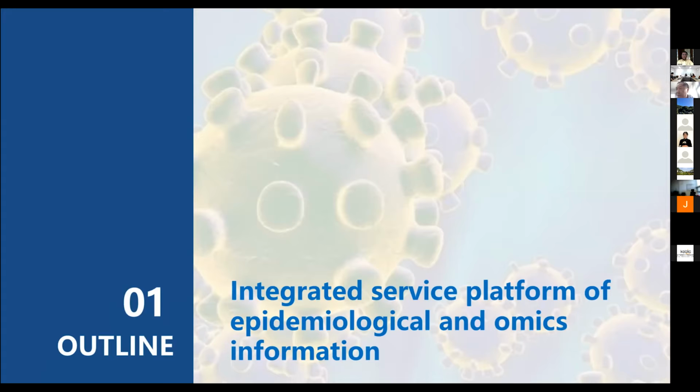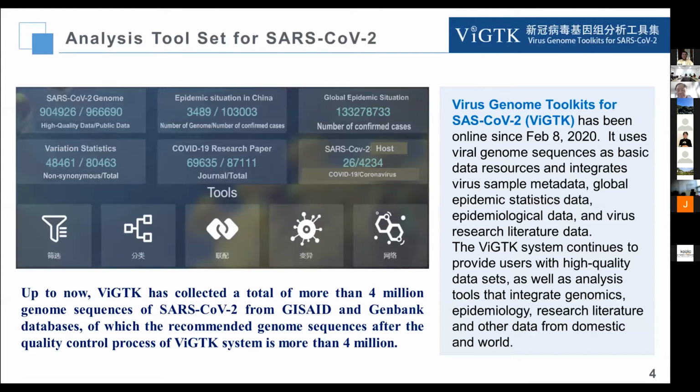the integrated service platform of epidemiological and omics information we developed since last year, just after the spread of COVID-19. We developed a virus genome toolkit for SARS-CoV-2, and this platform has been online since last year, February 8th.